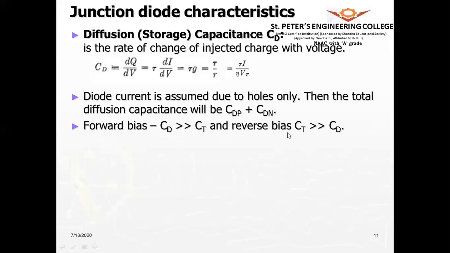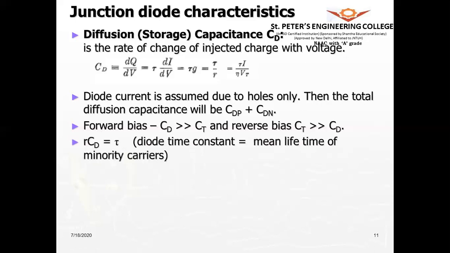And in the reverse bias, the transition capacitance will be far, far greater than the diffusion capacitance. So there are two types of capacitance, the diffusion capacitance and the transition capacitance. Transition capacitance is predominant when the diode is reverse biased, and diffusion capacitance is predominant when the diode is forward biased. When it is forward biased, the capacitance is made of the injected charge carriers, the injected charges that have crossed the junction.